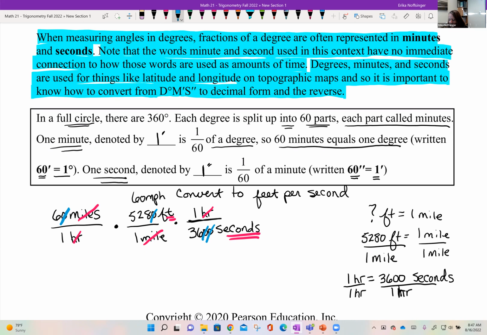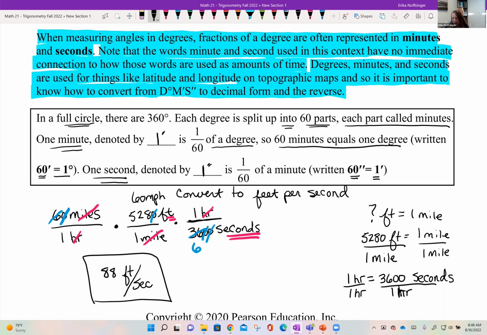I noticed that 6 goes into 36 6 times. And does 6 go into 528 evenly? It does, 88 times. And so we have 88 feet per second. So if you were going 60 miles per hour, that's the equivalent of 88 feet per second.